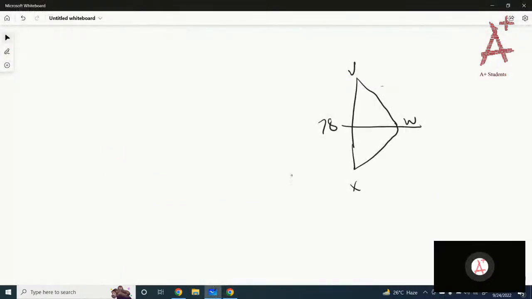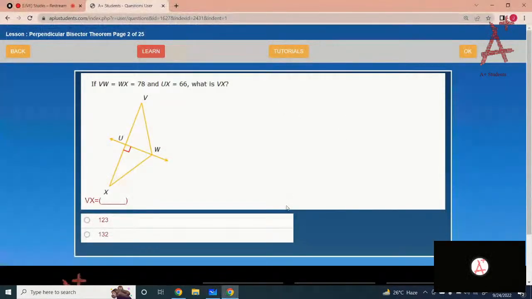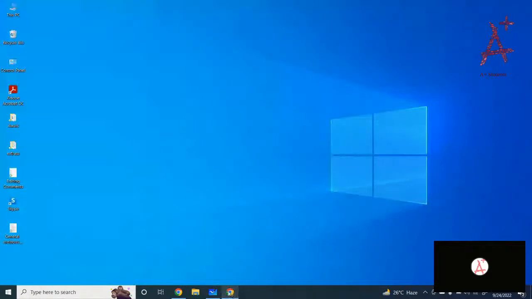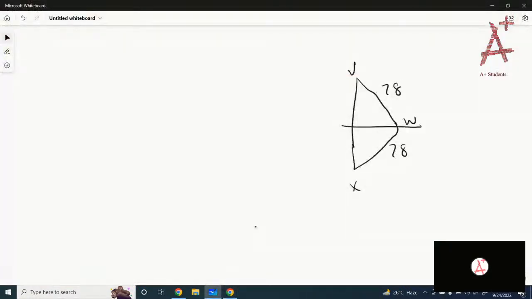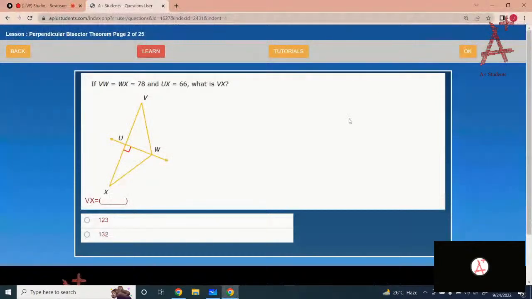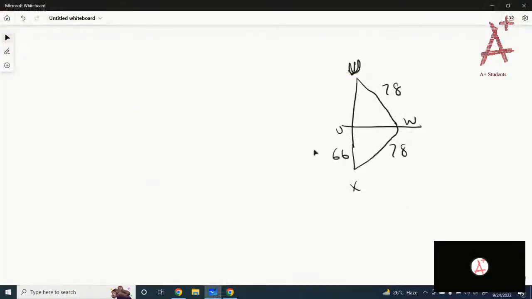Also, you are given the perpendicular side length, I think. Yes, it is. UX is 66. We have to find VX. This is V.